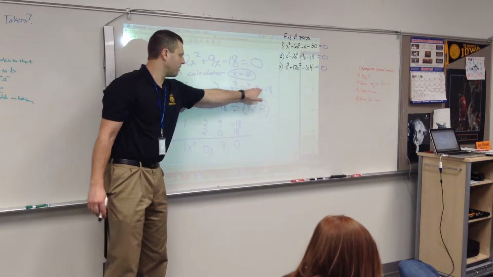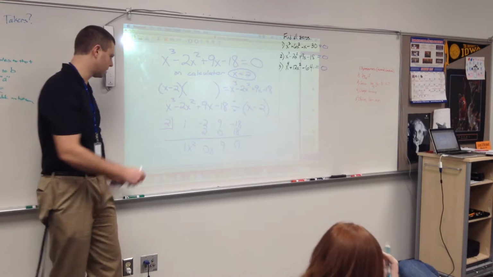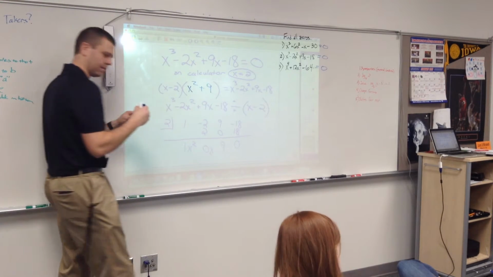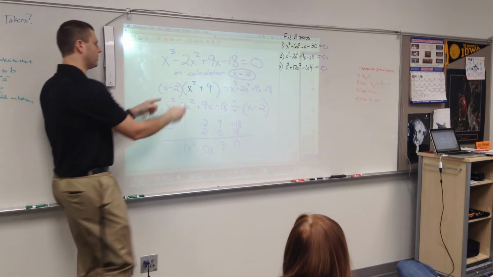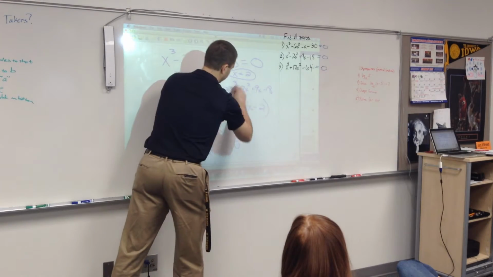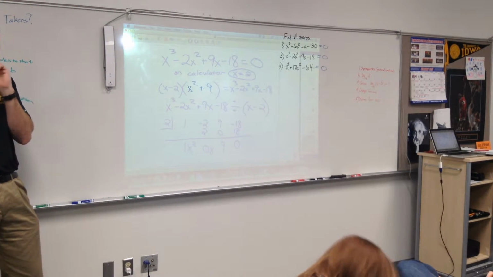So when I took this polynomial and divided it by x minus 2, out came x squared plus 9. So what would happen if I would take x squared plus 9 and multiply it by x minus 2? I would get the polynomial that I had at the beginning, right? Okay.